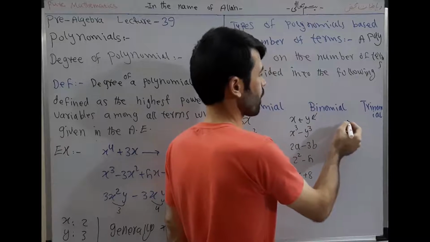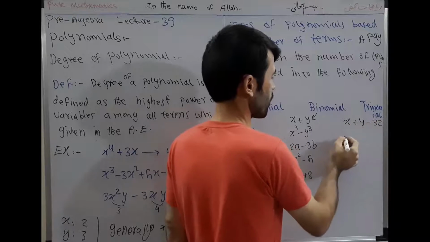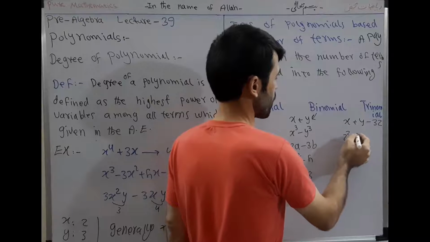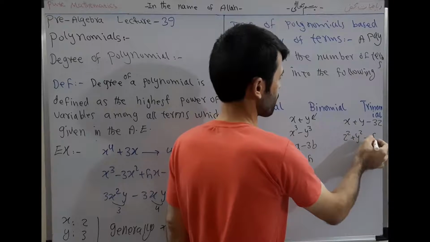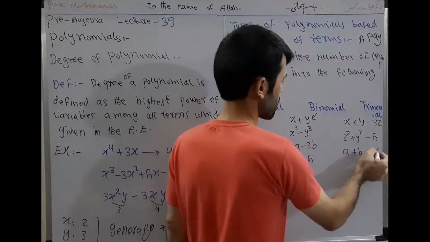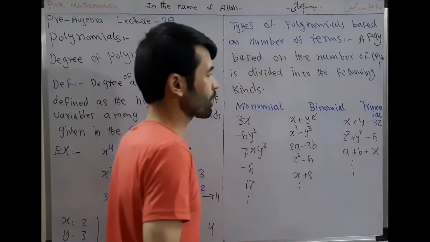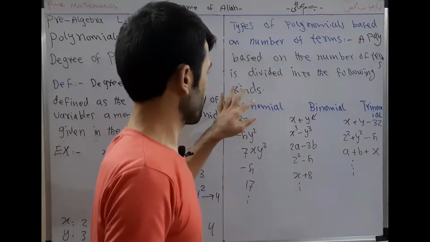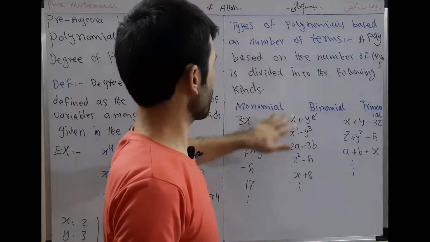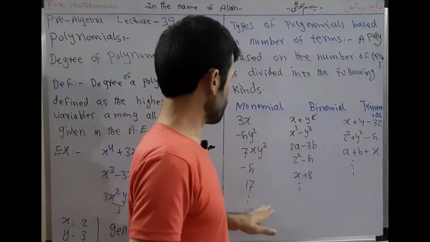Trinomial: x plus y minus 3z, z square plus y square minus 5, a plus b plus x, and so on. They are trinomial because they have three terms. It is the kind of types of polynomial based on the number of terms.